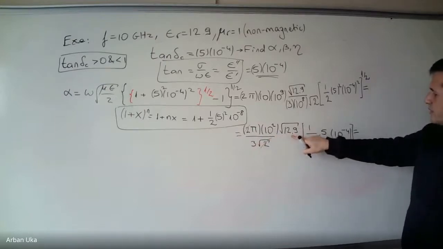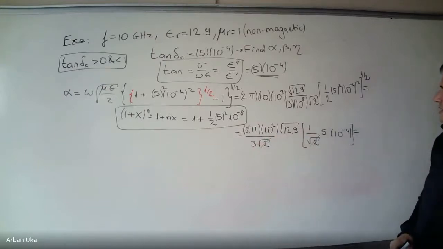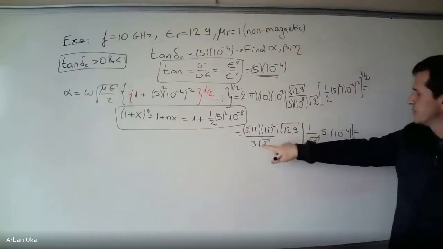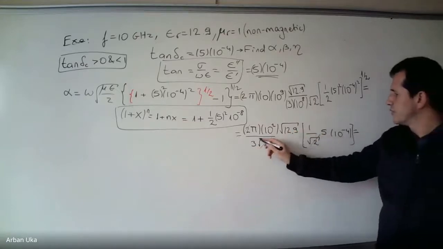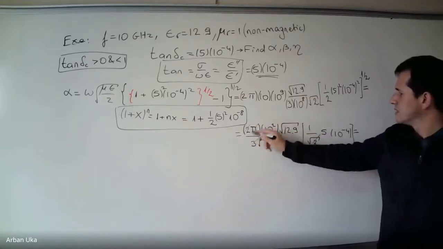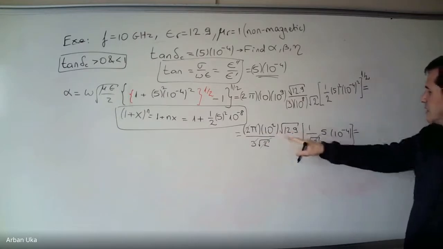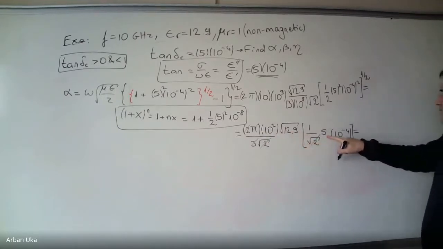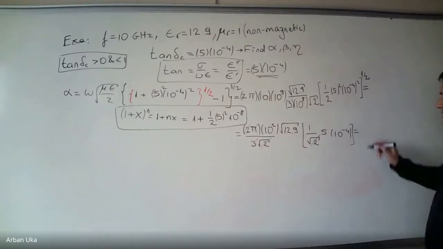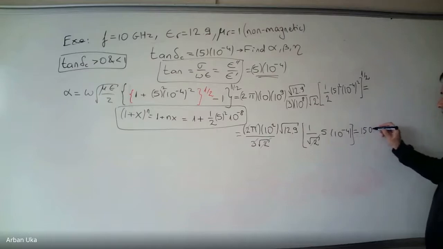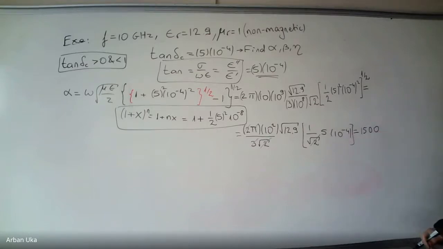Square root of 12 is almost 3, 3 times 3, yes, it's almost 3. Probably it's better if you cancel, anyway. This is 3, this is 3. But let's assume for a moment, this goes like this, 300 times 5, we get 1500. 1500 divided by 10 to the power minus 4, we get something like 0.15, approximately.